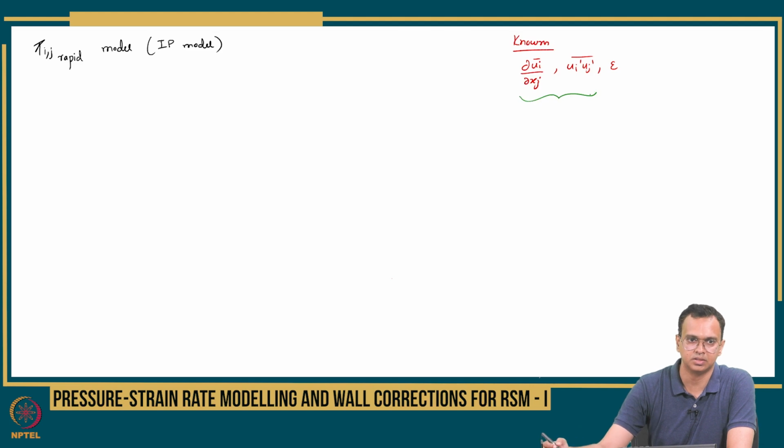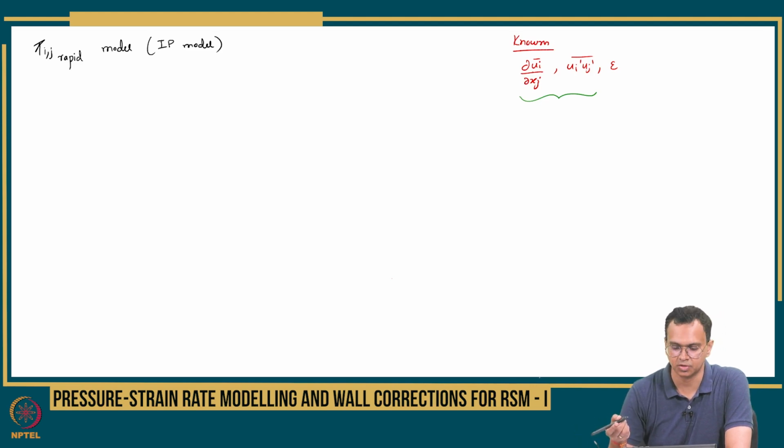The IP model is essentially linking mean strain and the Reynolds stresses, and the only term where these two are appearing together is your production rate terms. So the IP model has Pij, right?